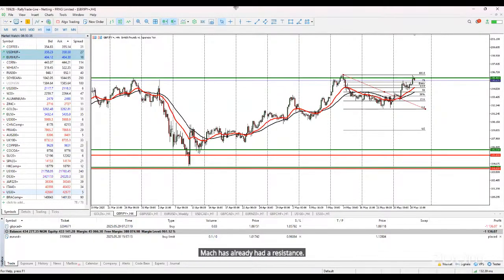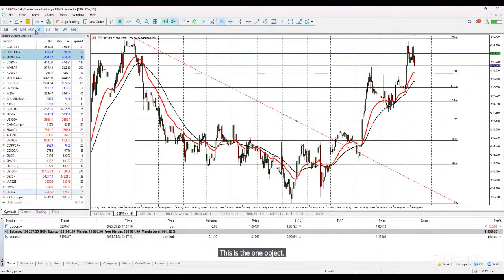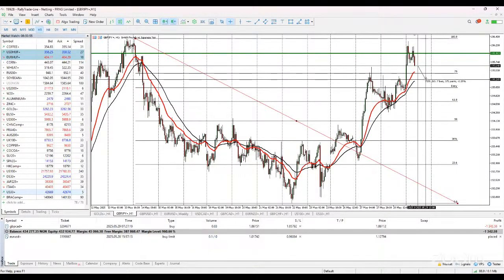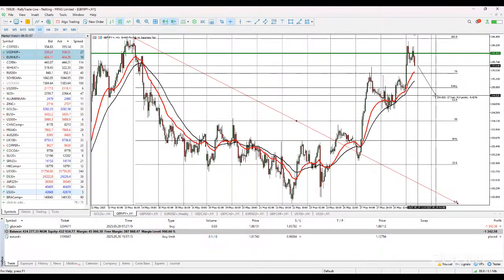So let's move to 1 hour to check something very fast. Now, let me check how many pips movement. Okay.